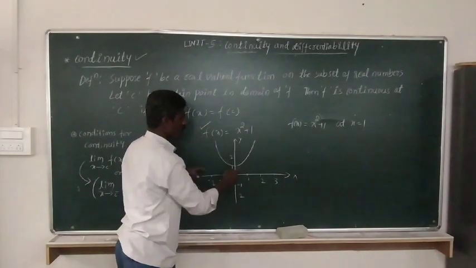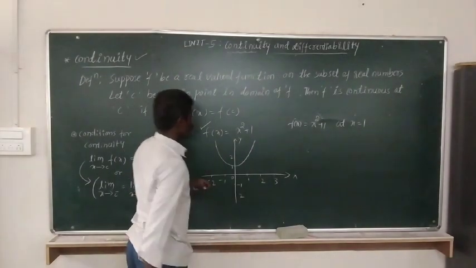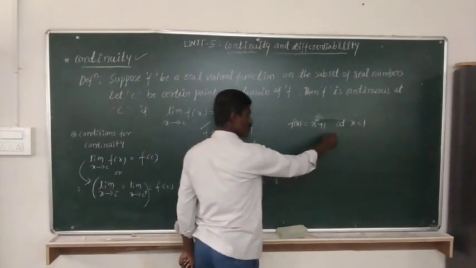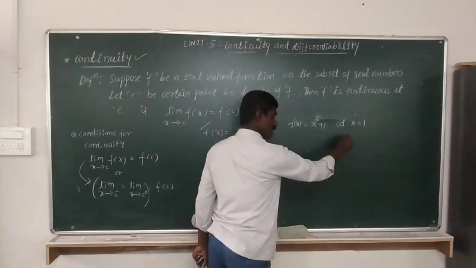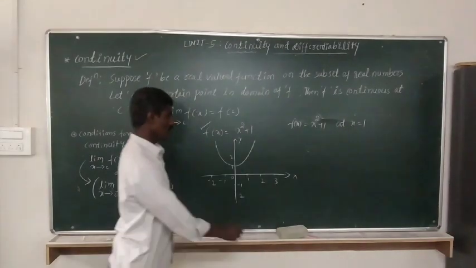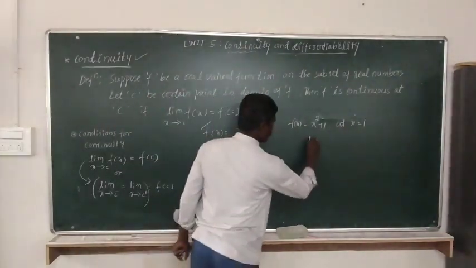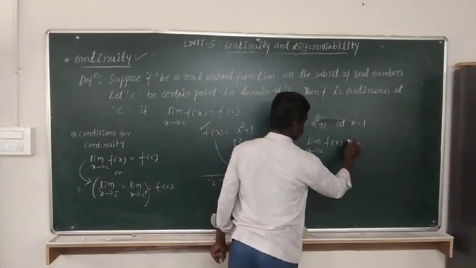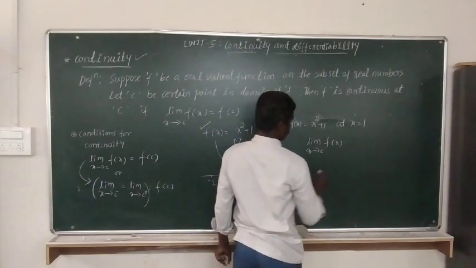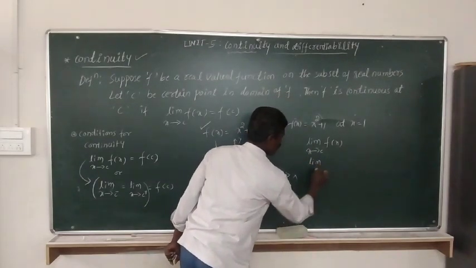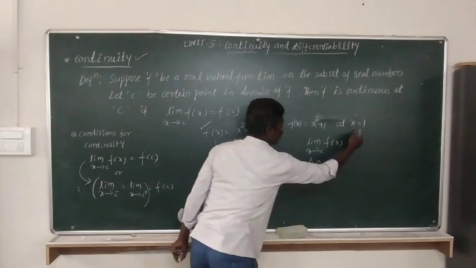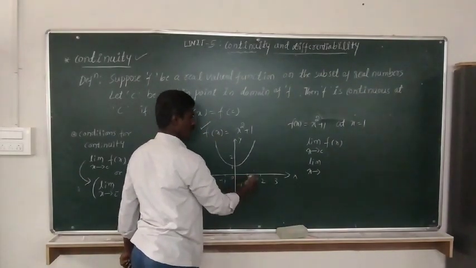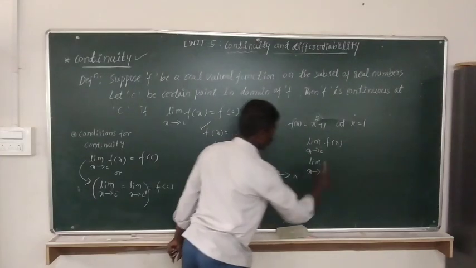Now I am going to prove this graph is continuous with an example. I have the function f of x equals x square plus 1. I am going to prove that the function is continuous at x equals 1. So write the formula: limit as x tends to c of f of x. Here c is a certain point in the domain and c equals 1, so x tends to 1.